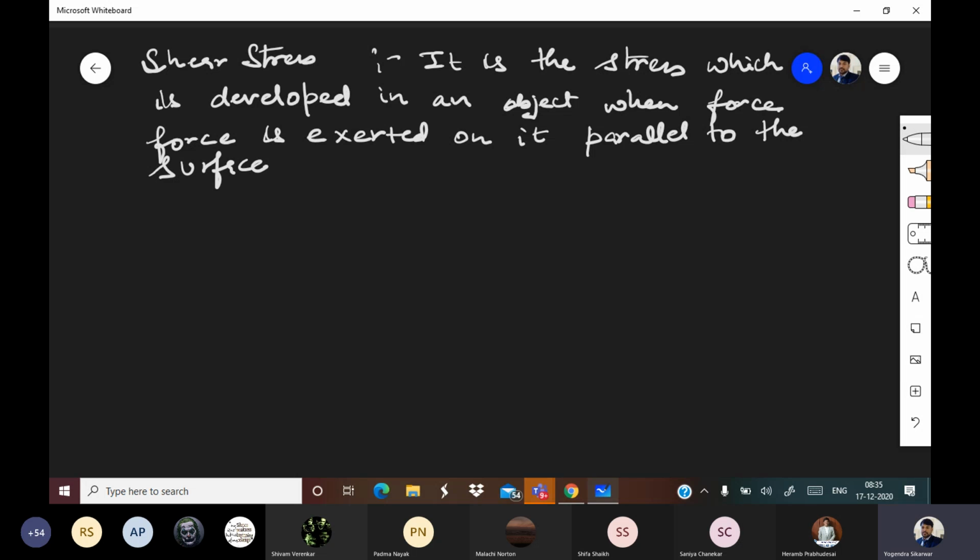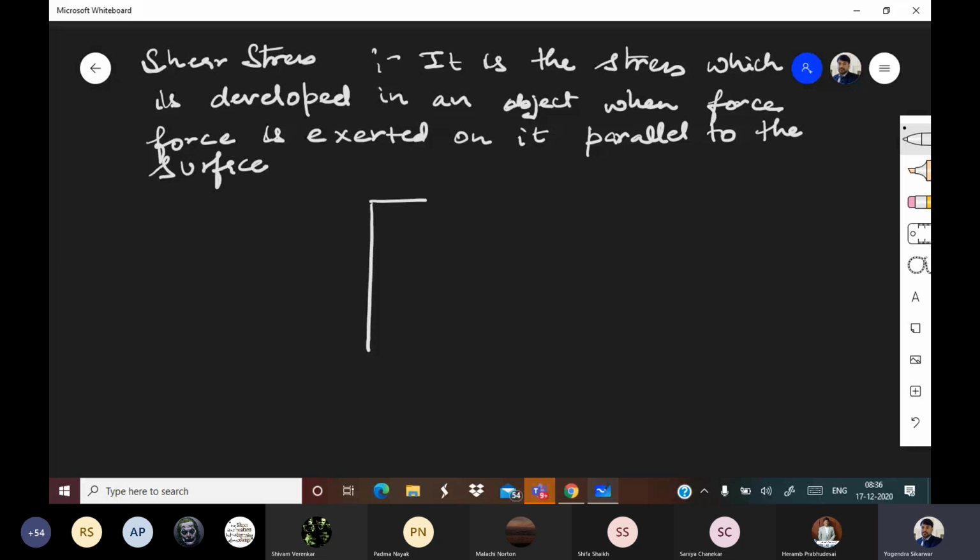If you become Spider-Man, suppose, and you start crawling on walls, then the force exerted by the wall on you or by you on the wall will produce shear stress on the wall. These were a few examples in which the force is being exerted parallel to the object.